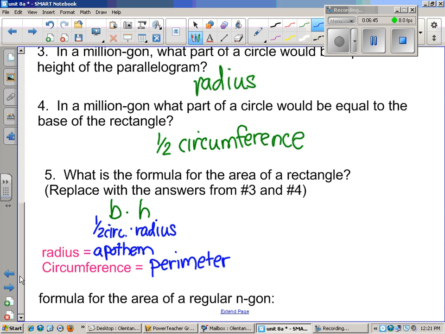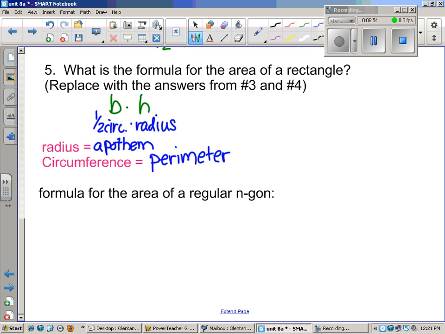Okay, so if we translate into our new words, the formula for the area of a regular n-gon is 1/2 perimeter times the apothem. Any polygon. N always stands for just an unknown number of sides. So it could be a pentagon, hexagon, heptagon, 30-gon, whatever, just an n-gon.